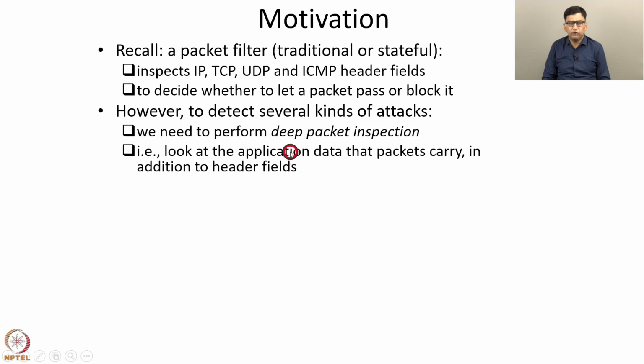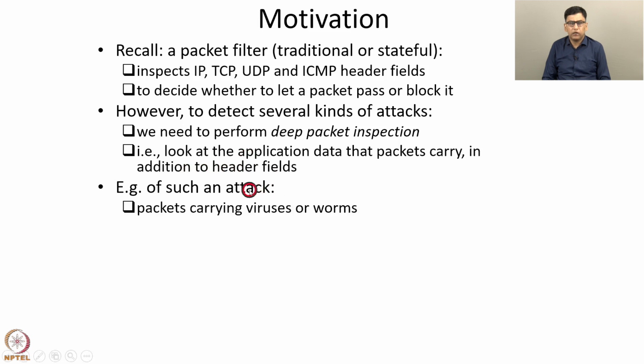So, it is not sufficient to just examine the header fields. We need to examine the header fields and also the application data that the packets carry. Let's look at an example of such an attack for which we need to perform deep packet inspection to detect that attack. Consider packets carrying viruses or worms.